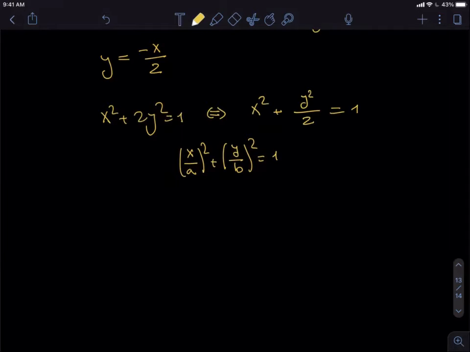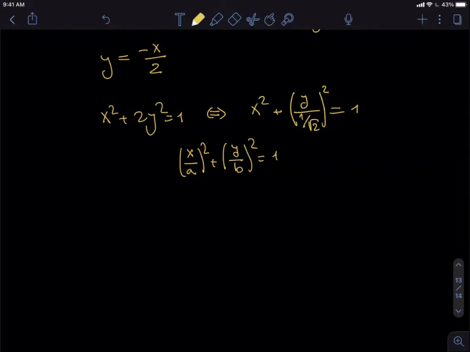But this is still not quite what I need. I need the square engulfing everything, so I'm going to put the square root of 2 instead. Now this will do. No, this will not do. I need to write 1 over square root of 2.